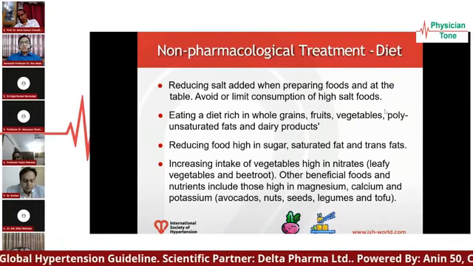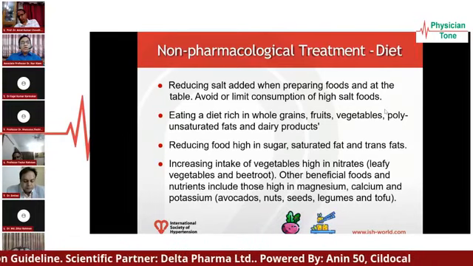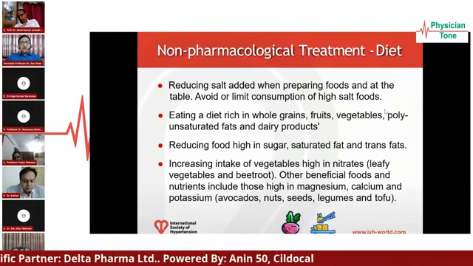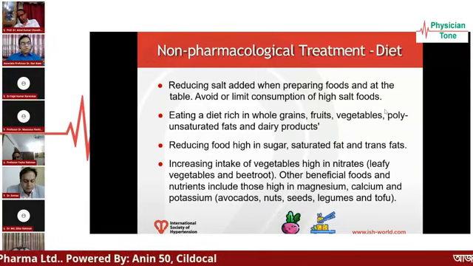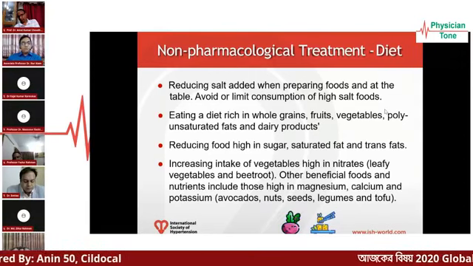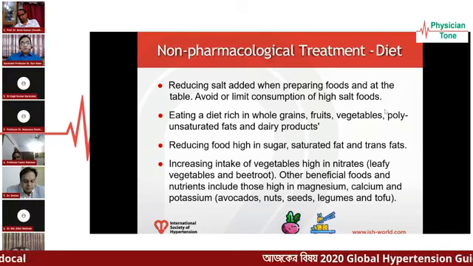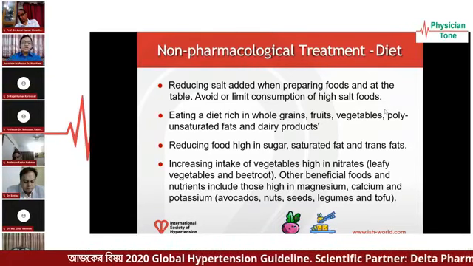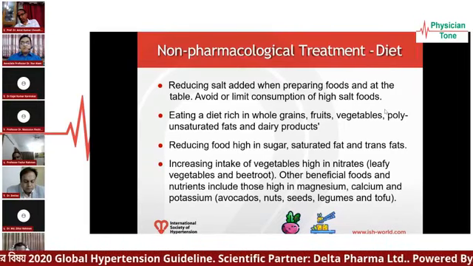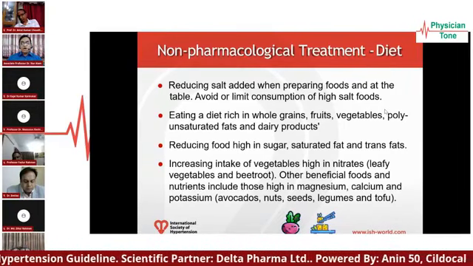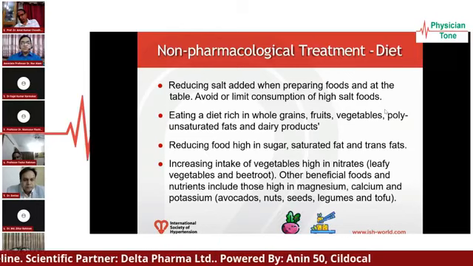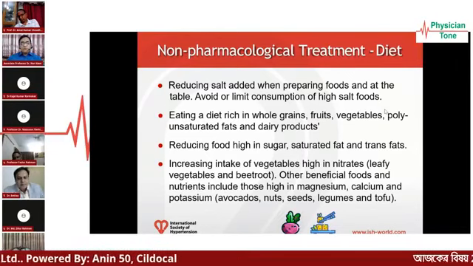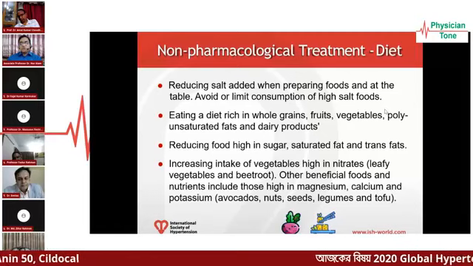Avoid or limit consumption of high salt foods. Eat a diet rich in whole grains, fruits, vegetables, polyunsaturated fats, and dairy products. Reduce foods high in sugar, saturated fat, and trans fat. Increase intake of vegetables, leafy vegetables and beetroot. Other beneficial foods and nutrients include those high in magnesium and calcium, like avocados, nuts, seeds, legumes.